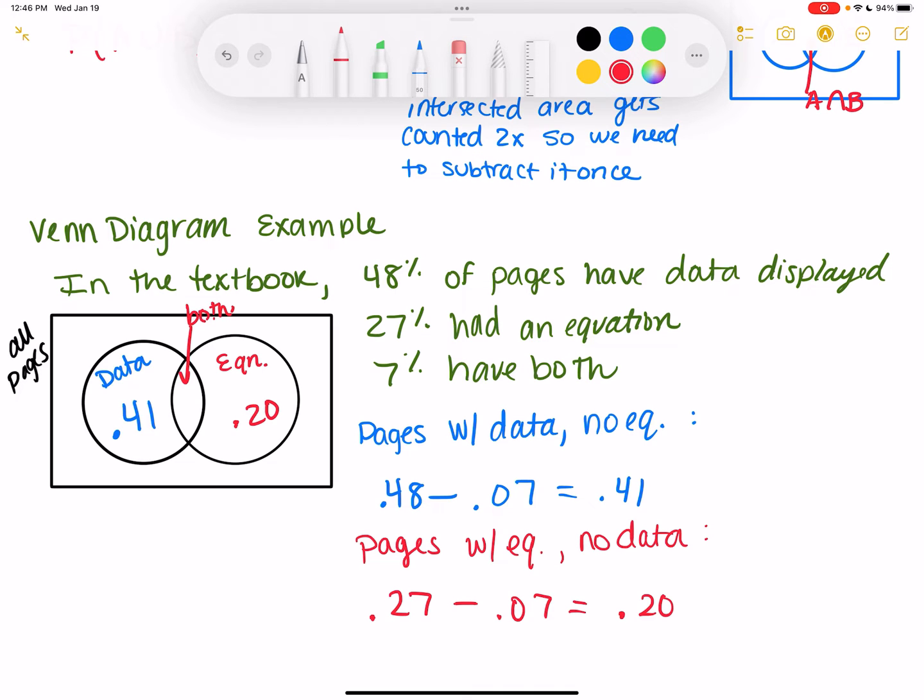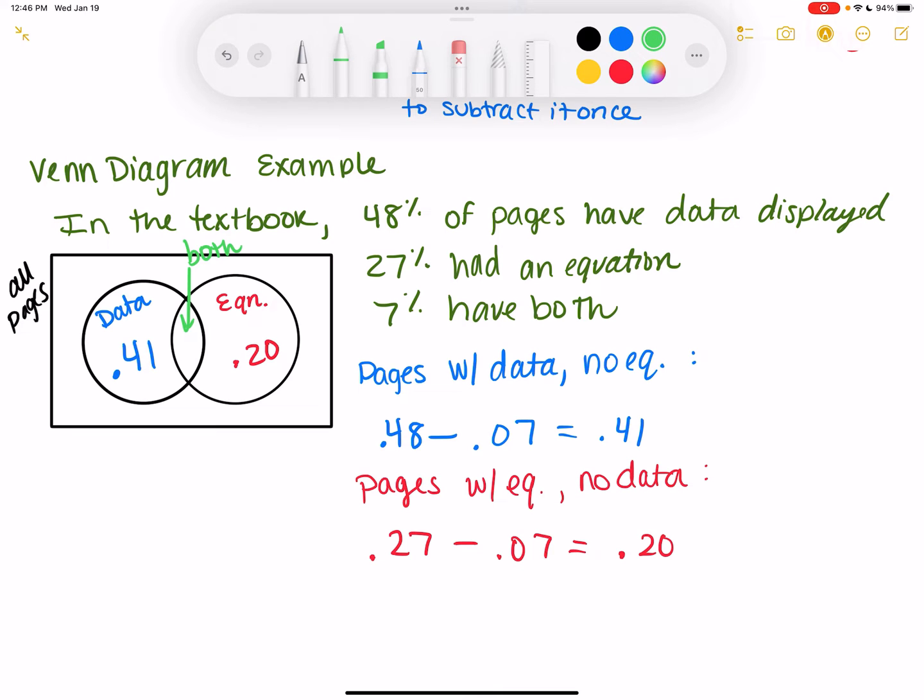I'm realizing I should have changed colors when I wrote both up here, so that everything is clearly labeled.